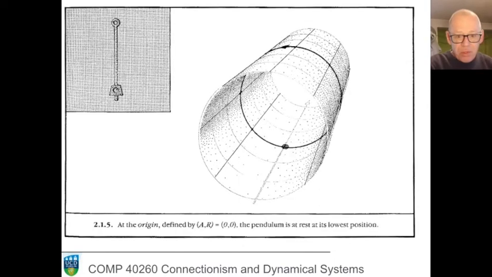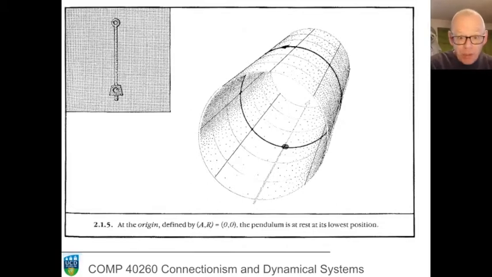So let's rotate the little guy. Here's the pendulum hanging straight down, doing nothing. That too is a state, and we can mark it on the state space. There it is. It's at the circle, which corresponds to no movement, 0 rate, and is at the lowest possible position. And this pendulum isn't going to do anything unless we do something to it.